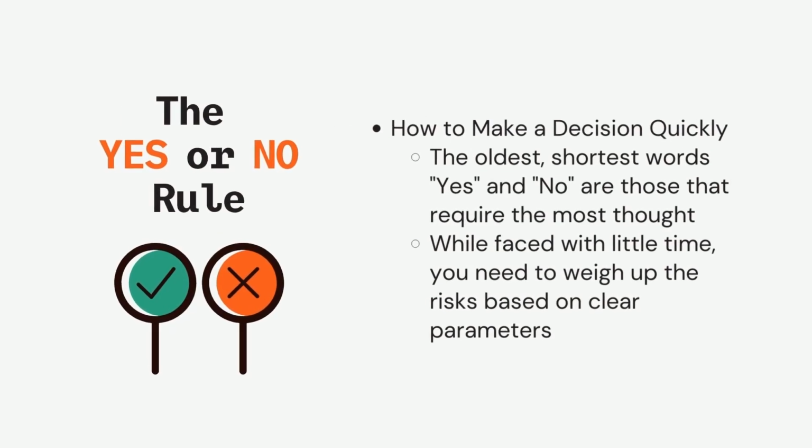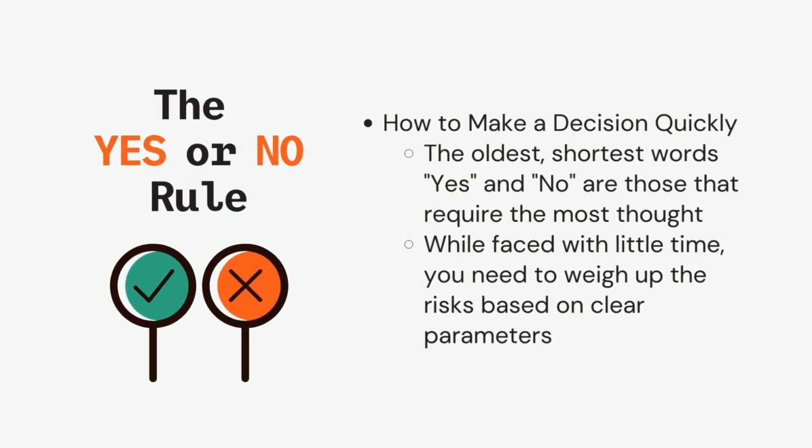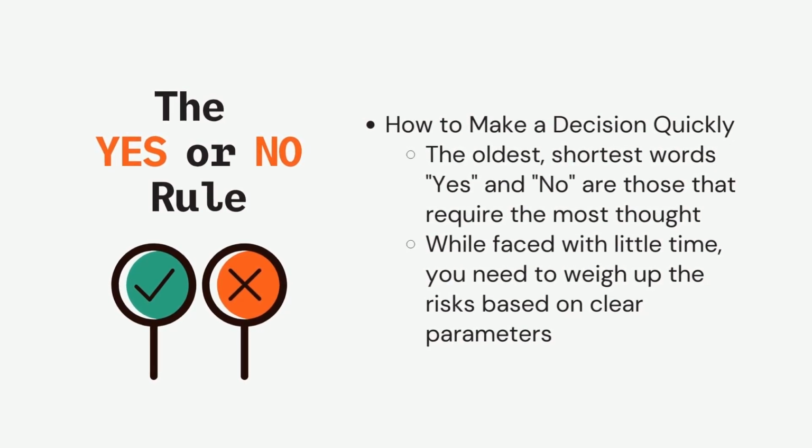The yes-no rule. It tells us how to make a decision quickly. It's a good way to quickly reach a decision. It comes into its own when you have to weigh up risks but have little time. Take the example of somebody who goes to the doctor feeling ill. The doctor makes a diagnosis based on a process of elimination. Does he have a fever? Is his blood pressure too low?